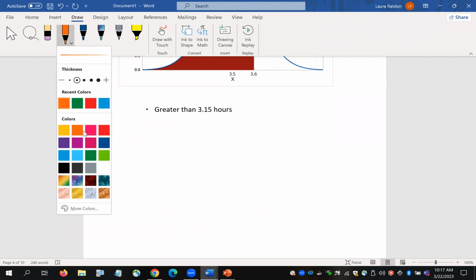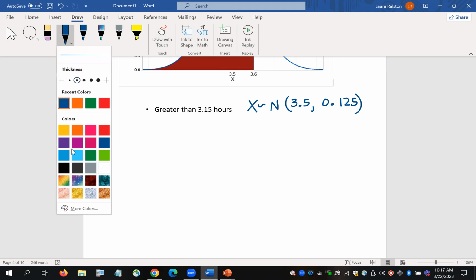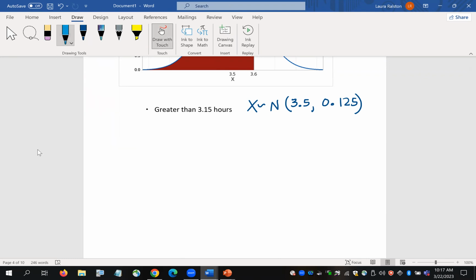Again, we still know in this scenario that because we've applied the central limit theorem, our variable is approximately normal with a mean of 3.5 and a standard deviation of 0.125. This time we want to know that we're greater than 3.15 hours. So visually, I'm going to draw my horizontal axis. I know that my distribution is normal because of the central limit theorem.